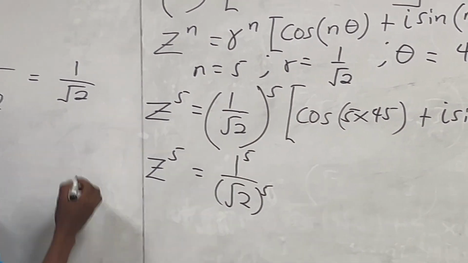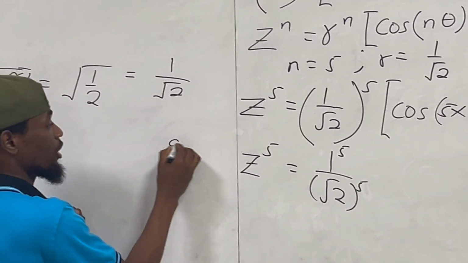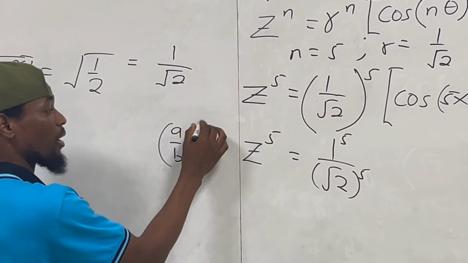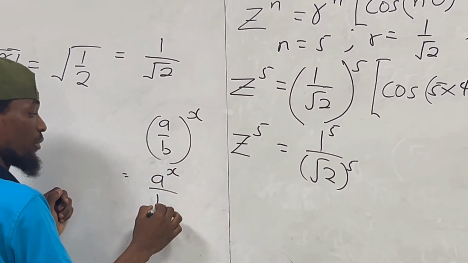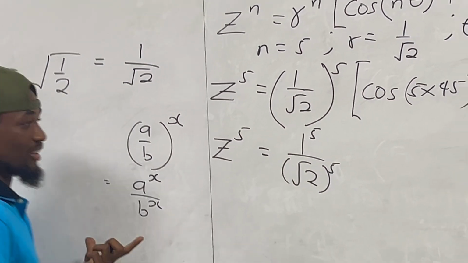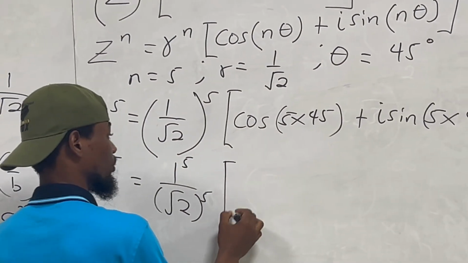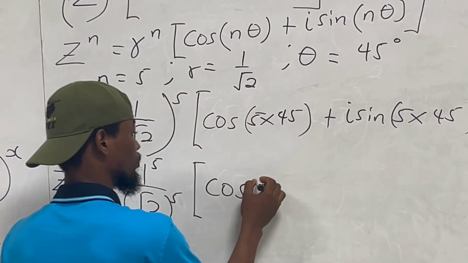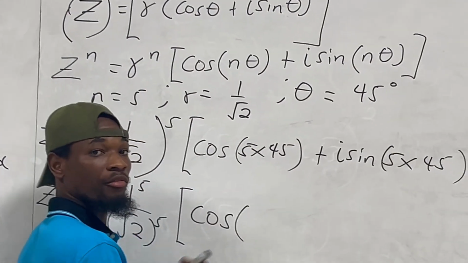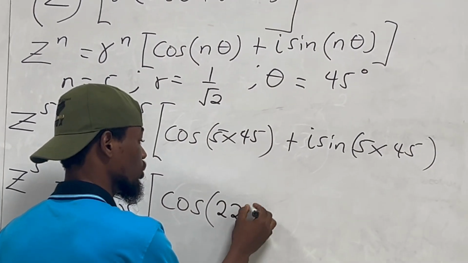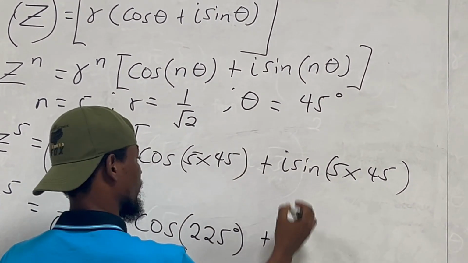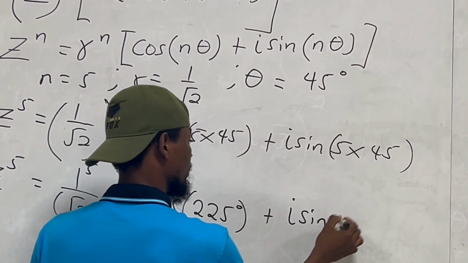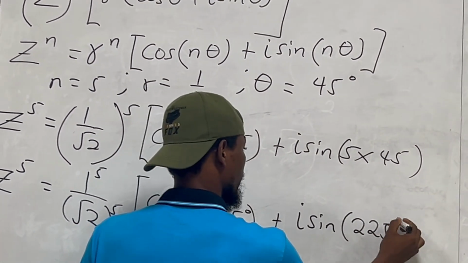Remember the law of indices: a over b to the power x is the same as a to the power x over b to the power x. So in this we have cos of 5 by 45, which is 225 degrees, plus i sine 225 degrees.